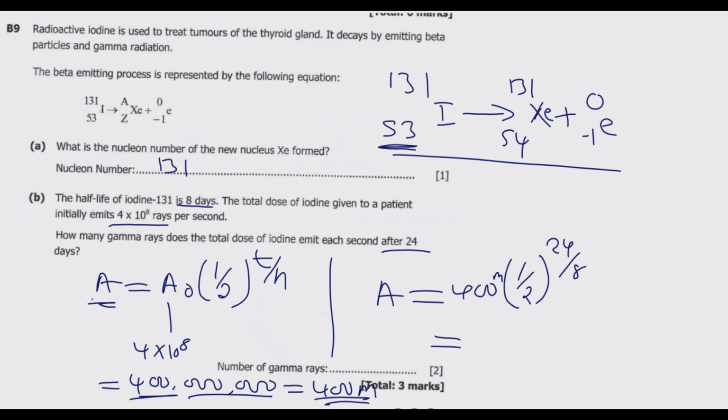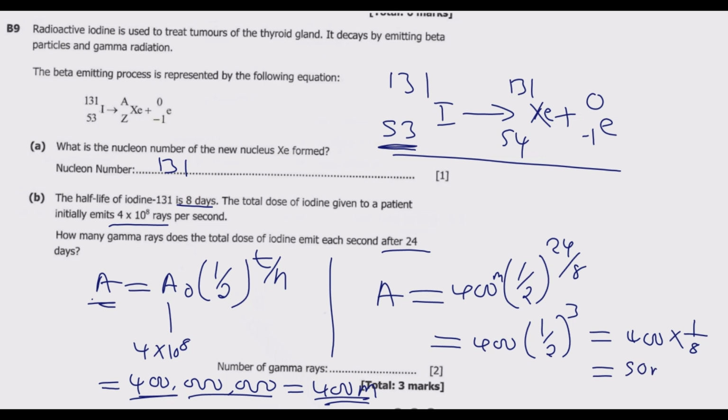So we have basically 400 multiplied by half to the power 3. Remember, half to the power 3, because 8 into 24 is 3. So we are going to end up with 400 million multiplied by 1/8, because 2 times 2 times 2 is 8. Then 8 into 400 is 50.